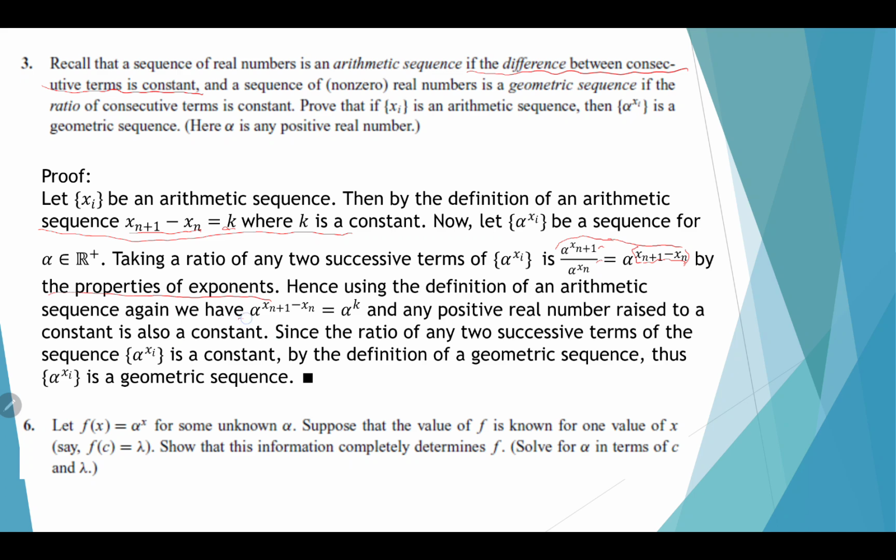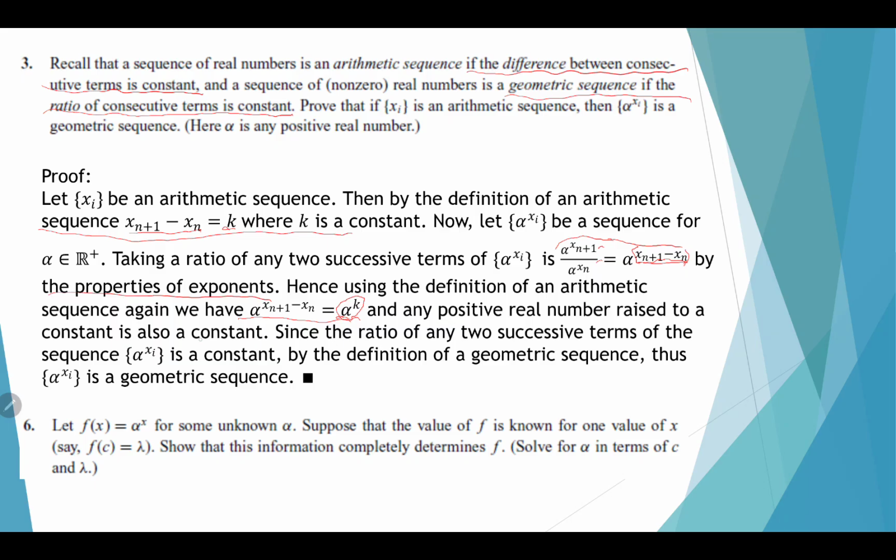So we have alpha to the power of k, and any positive real number raised to a constant is also a constant. Hence, the ratio of any two successive terms of the sequence is a constant. And by definition, a geometric sequence is one where the ratio of consecutive terms is constant, which we just showed.